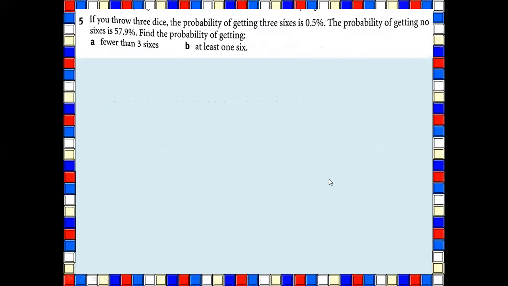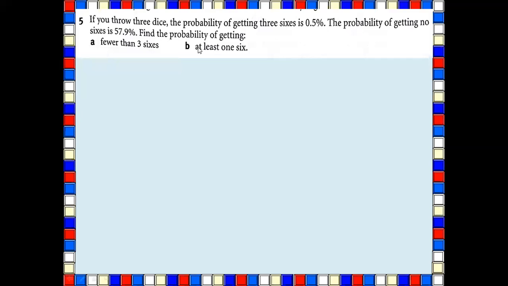The last question, question 5. If you threw 3 dice, the probability of getting 3 sixes is 0.5%. The probability of getting no sixes is 57.9%.